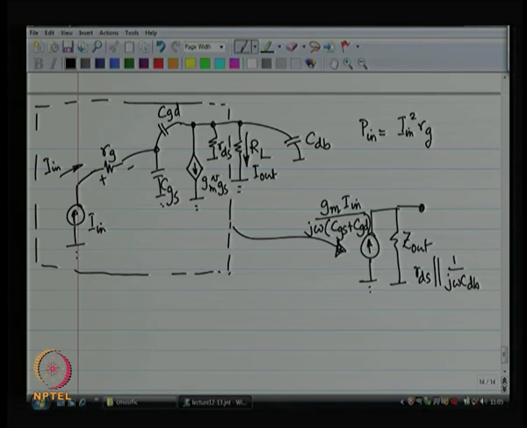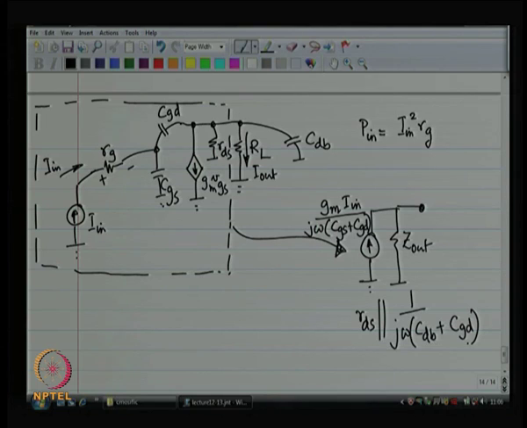What about C_gd etc.? You are going to see the Miller effect, and you are basically only going to see C_gd approximately. Right, this is going to be the output impedance.